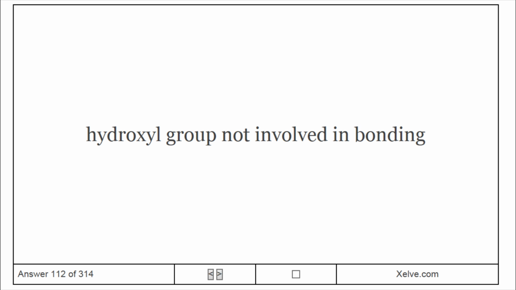The 3' end has a free hydroxyl group not involved in bonding.